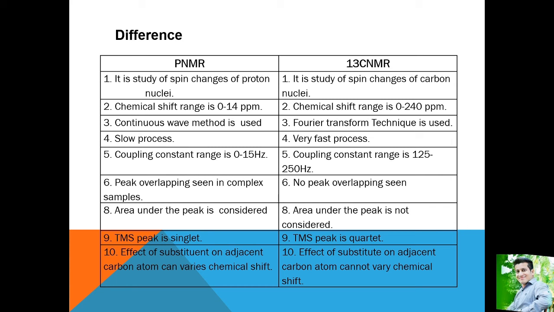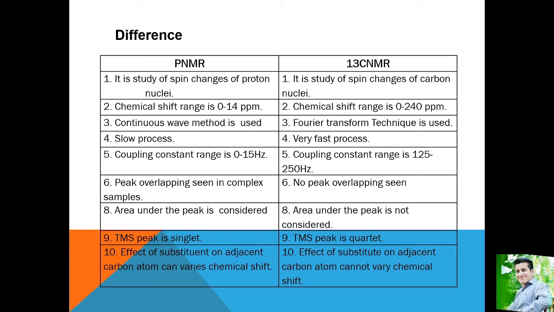Fourier transform technique. PMR is a very slow process, while 13C NMR is a fast process. The coupling constant range is between 0 to 15 Hz in 1H NMR, while the coupling constant range is between 125 and 250 Hz for 13C NMR.